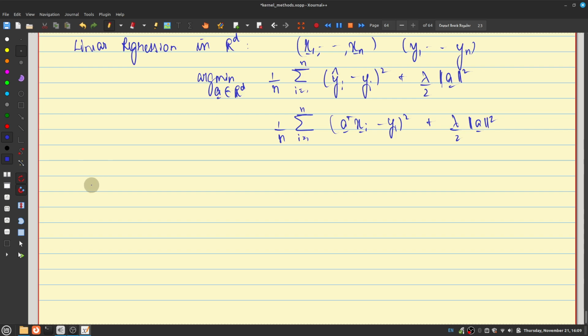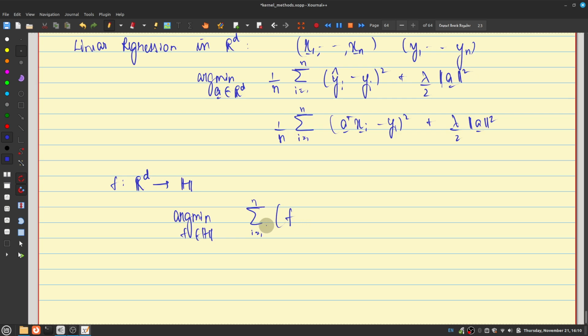Now, what if we're interested in non-linear regression in R^d? So more generally, we have some feature mapping from R^d to some Hilbert space H, and what we want to do is minimize over f in H the summation i equal to 1 to n.